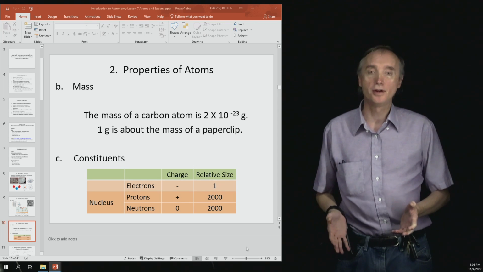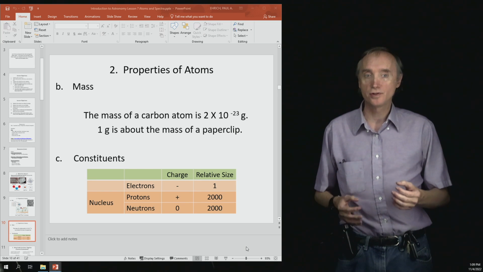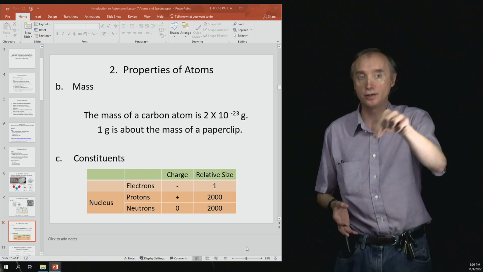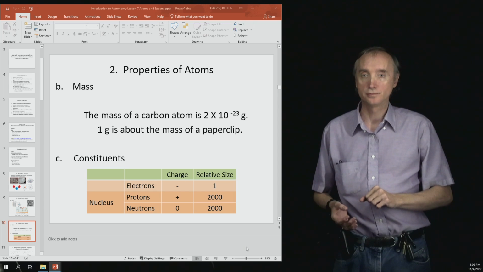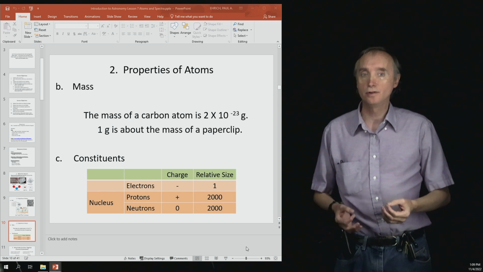You don't need to know the number, but you should know that if you went to the best chemistry department and you took a single atom and you put it on the scale, what's going to happen? Nothing. Okay, so you're not going to be able to read the mass of a single atom.